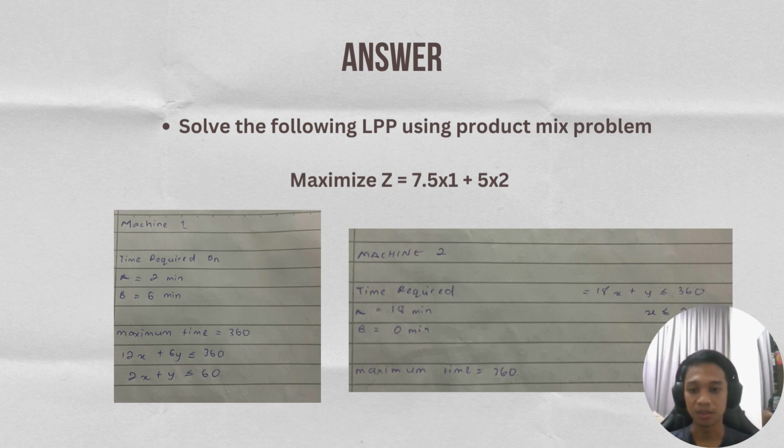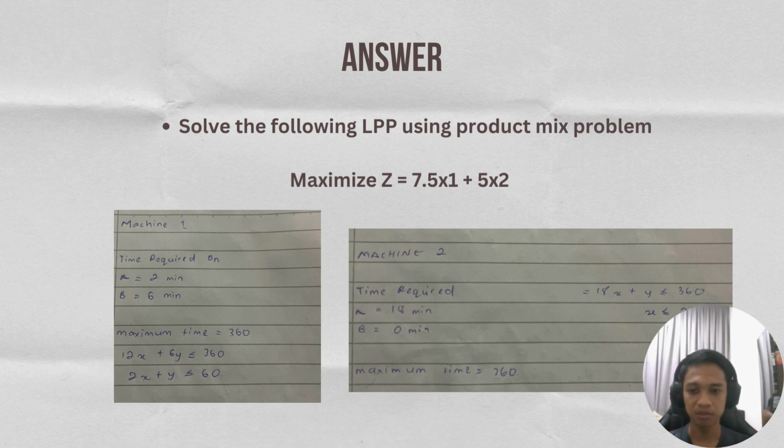So machine number one, the time required for A is 2 minutes, for B is 6 minutes. The maximum time is 360.